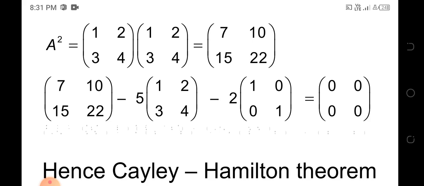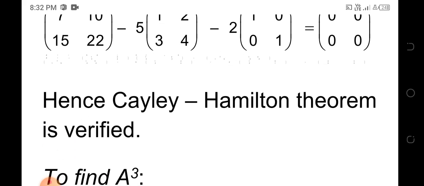You have to check the values. First multiply 5 along with the A, and then minus 2 into the identity matrix, that is 1 0 0 1. Then you subtract all the values, finally getting the answer as 0 0 0 0. So hence the Cayley-Hamilton is verified.